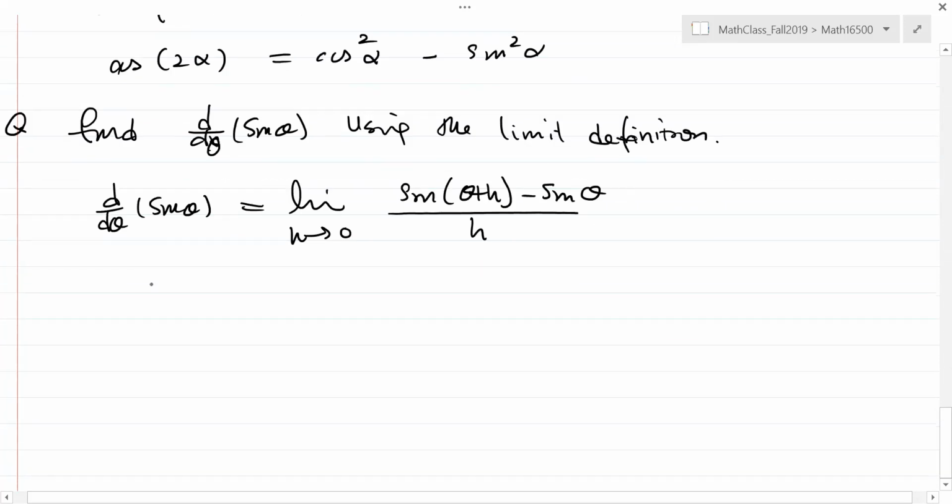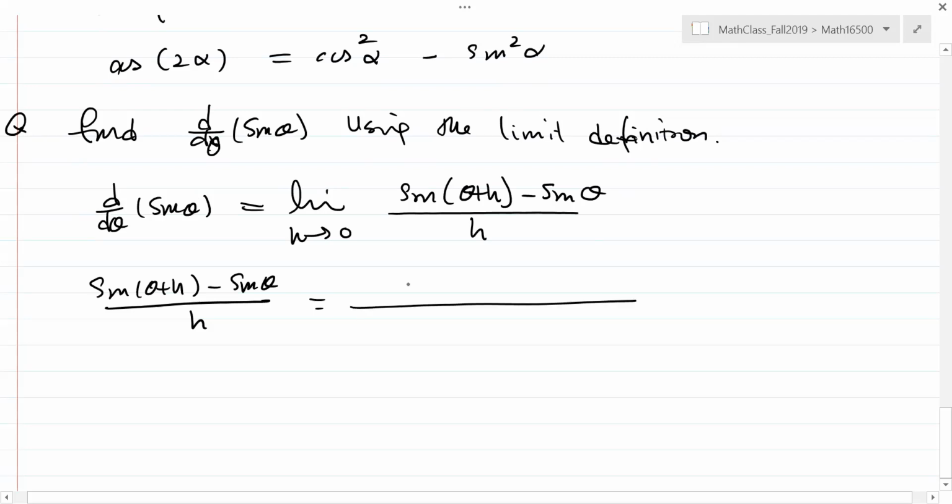For simplicity, I'm not going to keep writing the limit as h approaches 0. How can I modify this? I have sine of theta plus h and minus sine theta. The only formula I can think of is the sum formula. So it's sine theta cosine h plus cosine theta sine h, minus sine theta.